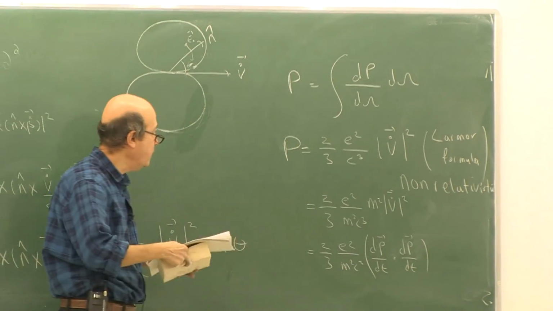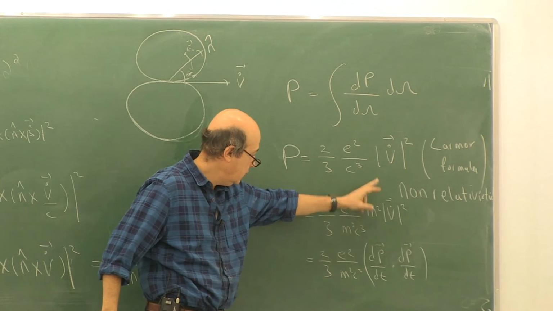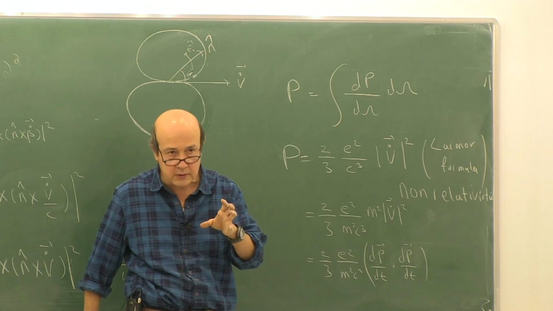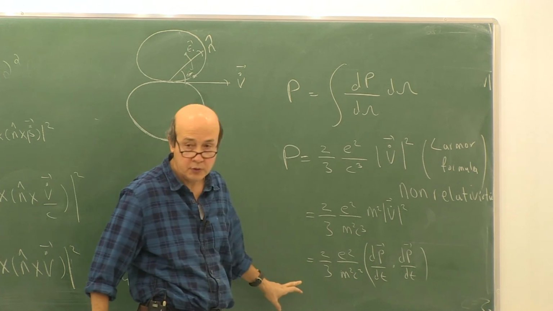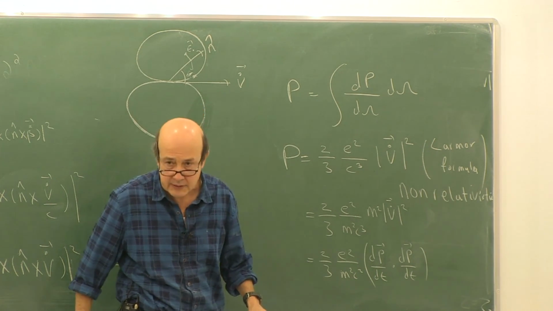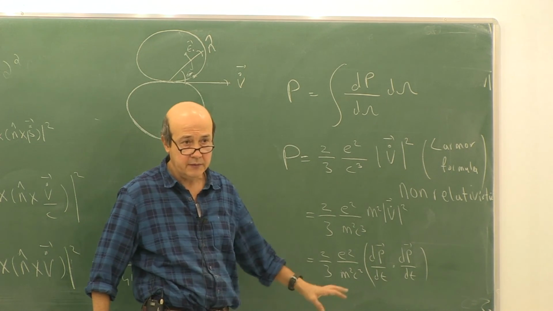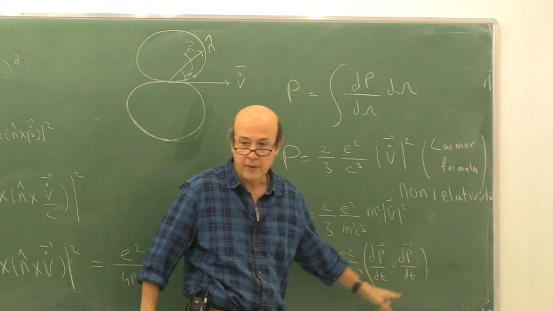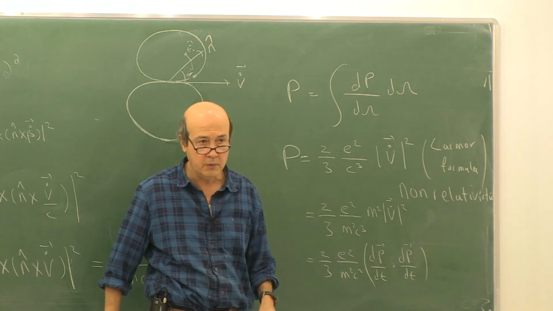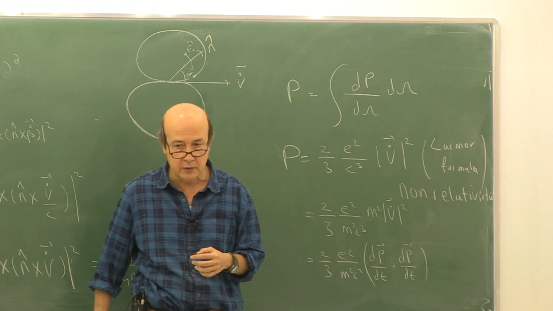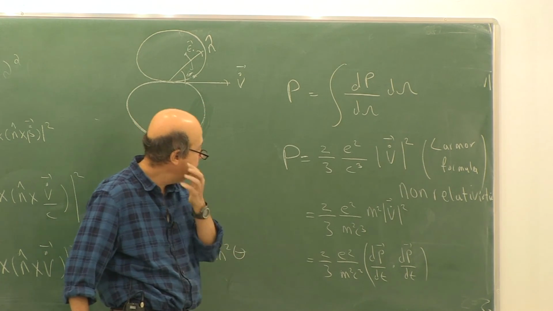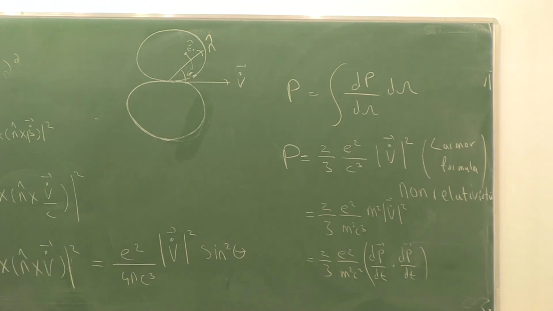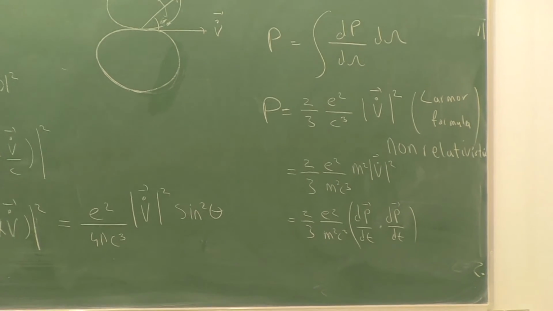So the total emitted power can be written in terms of the acceleration, and also expressed in terms of the force. If you apply a force in order to accelerate the charge, you can find the total emitted radiation. Next, we will generalize to the relativistic case. We will write this with the four-momentum, the derivative of the four-momentum. So this is the Larmor formula that is non-relativistic. If you know the acceleration of the charge, you know the total emitted power.